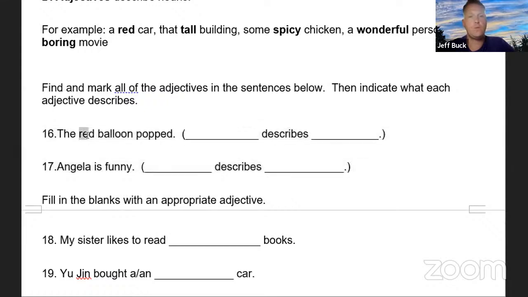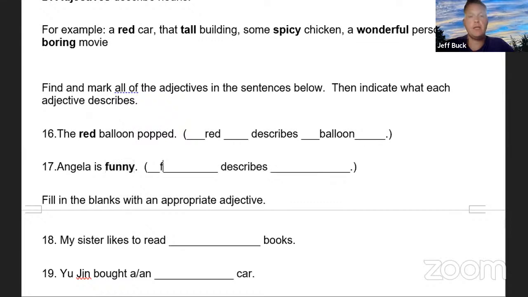So we have red. Red describes balloon. Balloon is a noun, it's a thing. Angela is funny. The adjective is funny and it describes the person Angela.